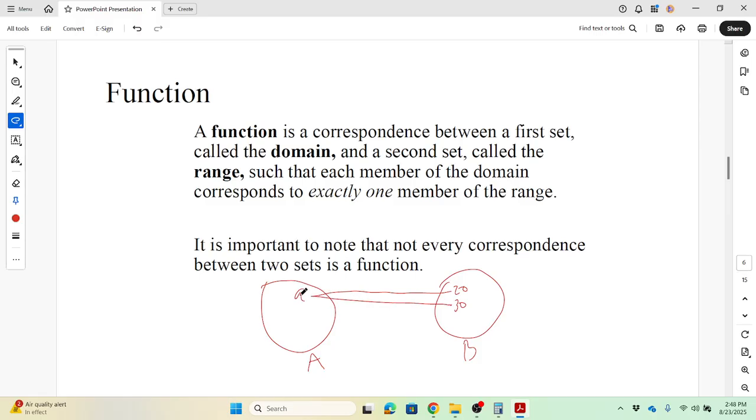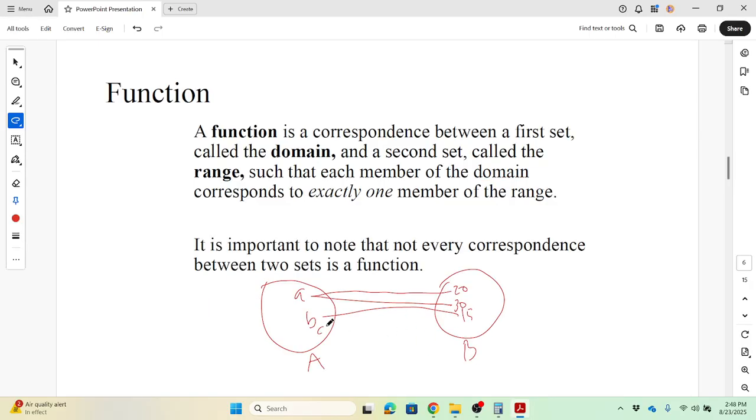So there is a person A whose age is 20 and 30. That's the meaning of this picture. But that's not possible. No one has two different ages at the same time. So this is not a function.